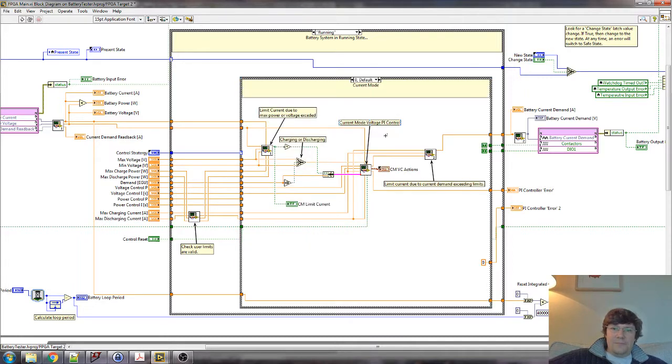So we look at the current. We need to decide if the current we're asking for is bigger than the power or the voltage that we'd like to have. So suppose I've been charging for a long time and the voltage on the battery is, if we pretend it's a 12 volt SLI battery, because they're still extremely common. I know lithium is very popular, but just for the sake of argument, let's suppose.